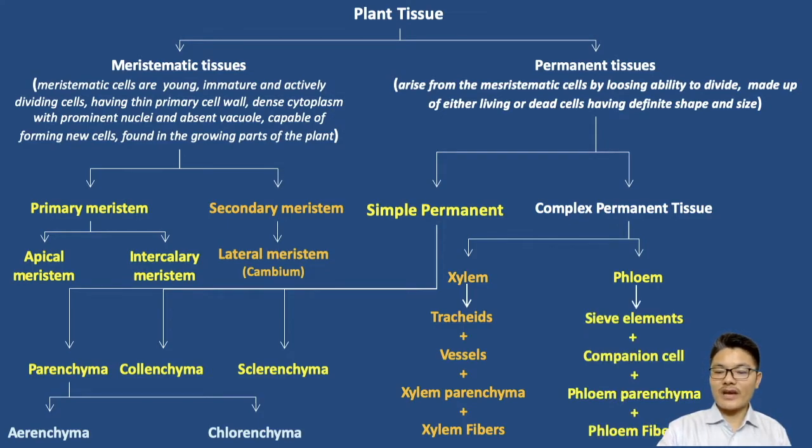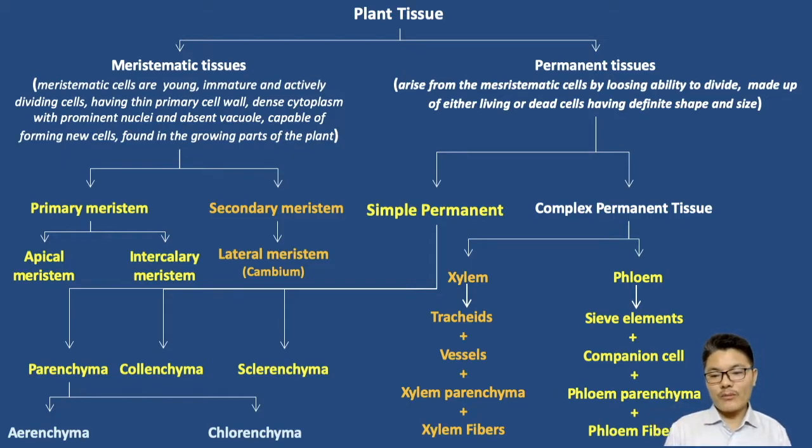On the other hand, we have phloem, which is made up of sieve elements. We do have sieve tube and sieve plates as part of sieve elements. We have companion cell, phloem parenchyma, phloem fiber, forming phloem.